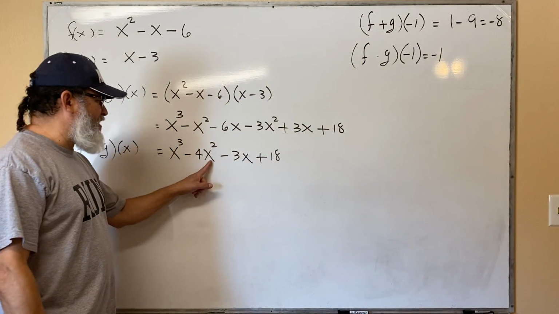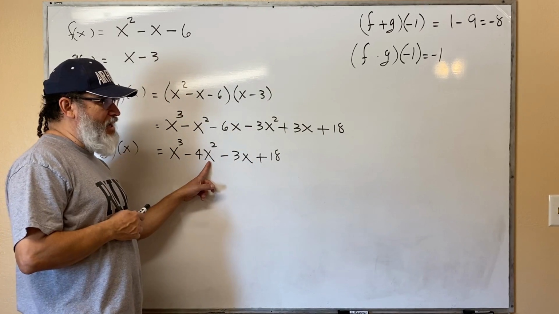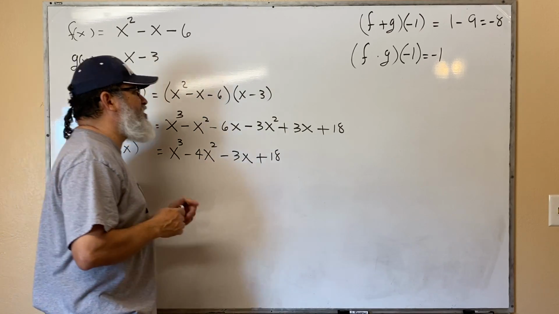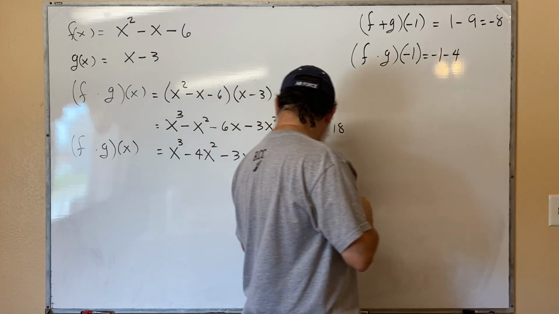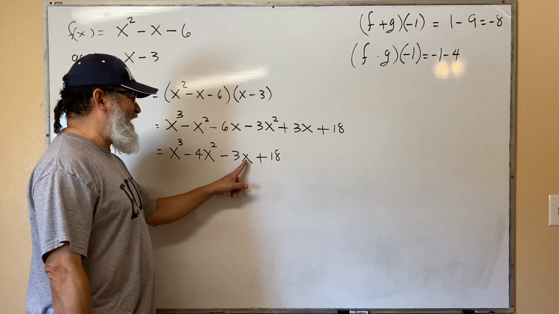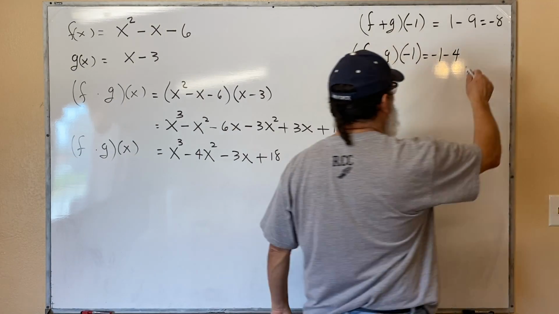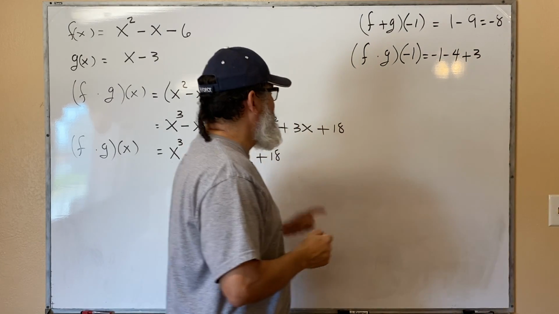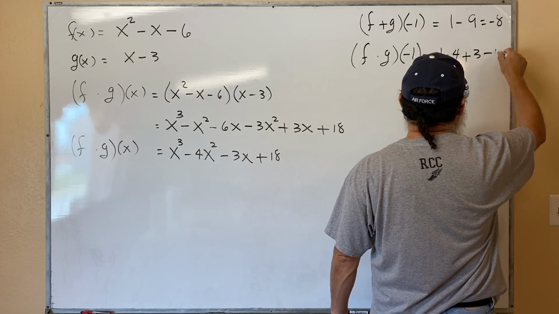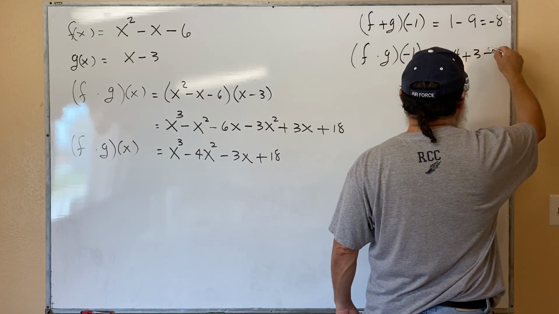Okay, what's -1 squared? -1 squared is 1, and 1 times -4 is -4. Okay. What's -1 times -3? +3. And then +18.